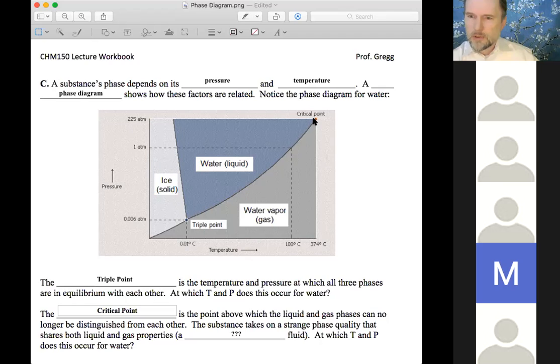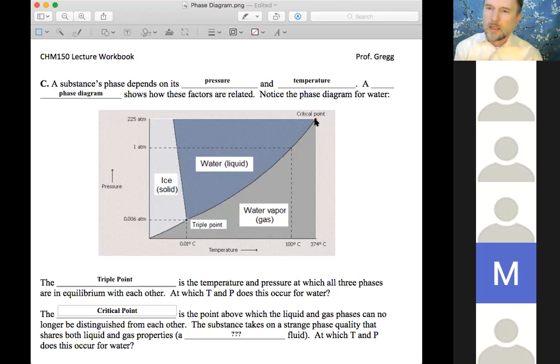But there is a temperature and pressure at which the pressure is so great and the temperature is so great that the chemical substance cannot neatly make a transition from one phase to the other. So you're adding so much temperature that it wants to vaporize, but you're keeping it under such pressure that it can't do that.